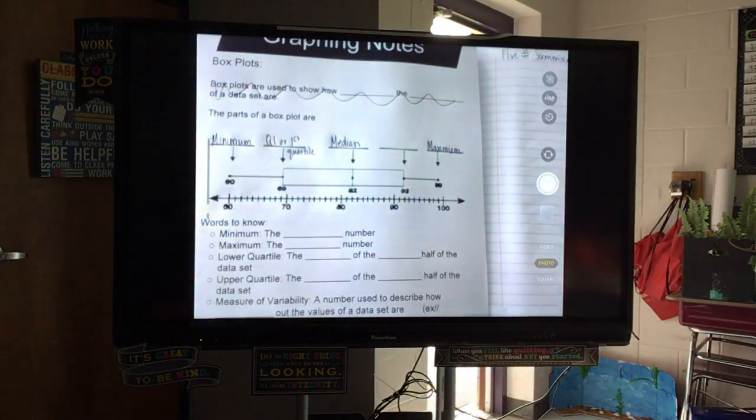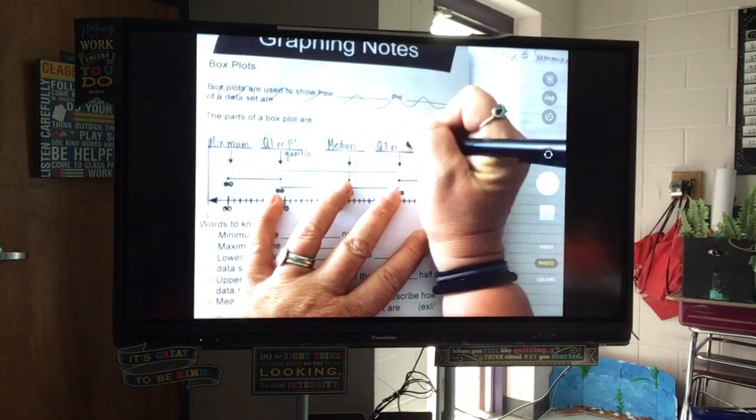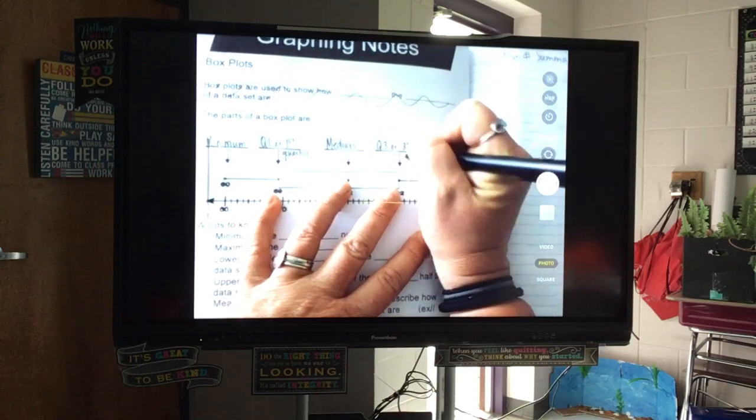Okay, you're going to hear those 2 interchangeable. All right, and then obviously what is our only blank left? Not Q2, but, yeah. So Q3 or your third quartile.